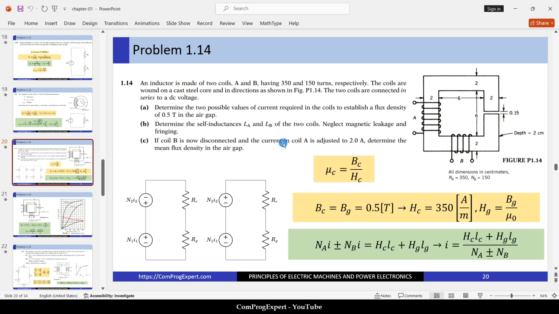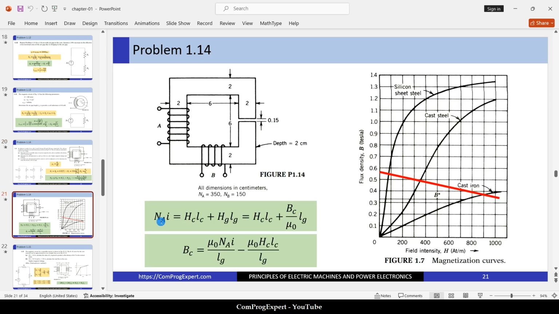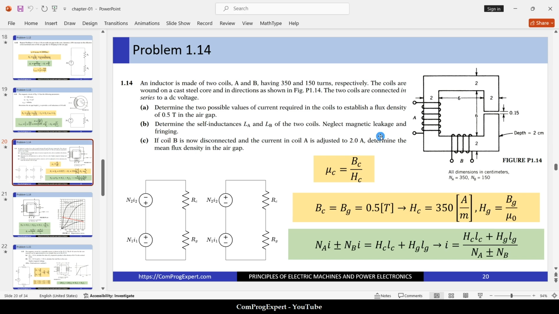So here in this case, we only have the field generated by the coil A. This is the magnetomotive force. We are going to calculate the mean flux density, the average value of the flux density in the air gap.